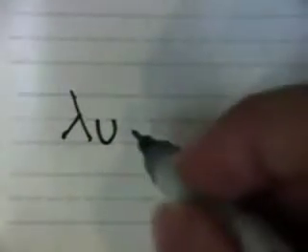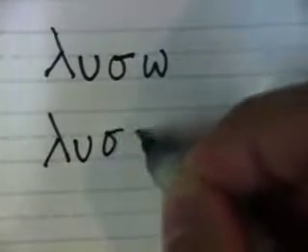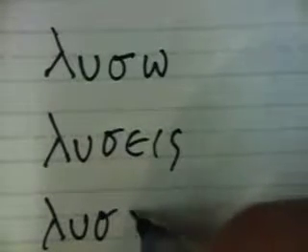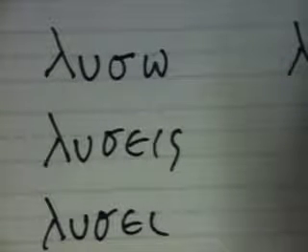All right? As you work on these particular words, going back over to the Elmo here, notice you simply add these as we did before. You take the stem of luo and you add the endings. First person singular, luso. Second person singular, luseis. Third person singular, lusei. First person plural, lusomen.